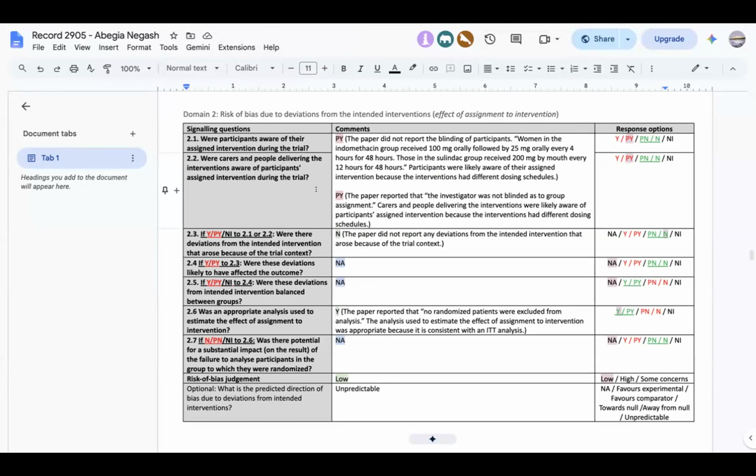In this regard specifically, we also put no information because we really don't know if neither the participants nor the caregivers were blinded. So in these questions, we both answered no information for both of them.